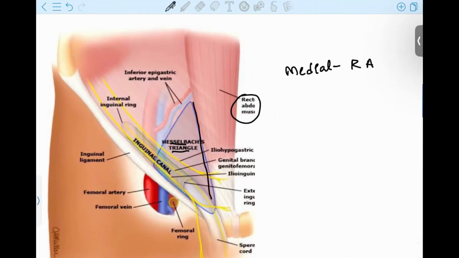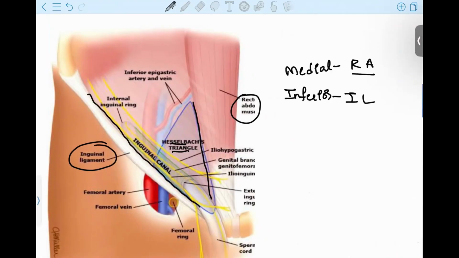On the inferior side is the inguinal ligament. Next, on the lateral side is the inferior epigastric vein, not only the vein but also the inferior epigastric vessels.